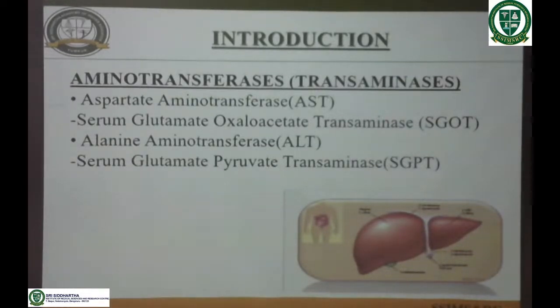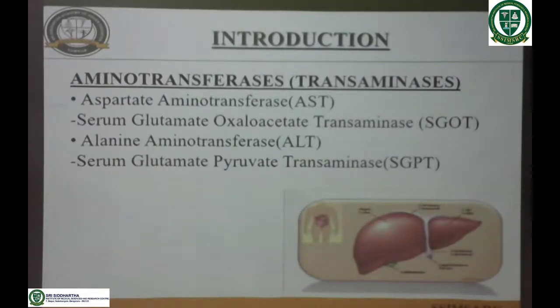Under the liver function test we have many tests like total bilirubin, indirect bilirubin, albumin, total protein, globulins, SGOT, SGPT, alanine transaminase, and GGT. All these tests come under the liver function test.